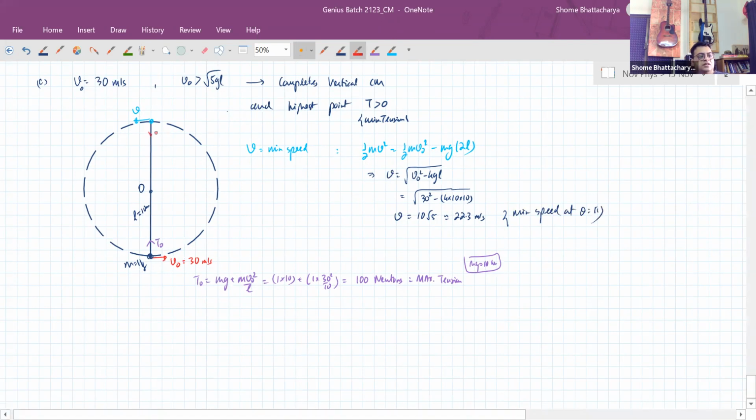And this tension that it will have here, this will be the minimum tension.